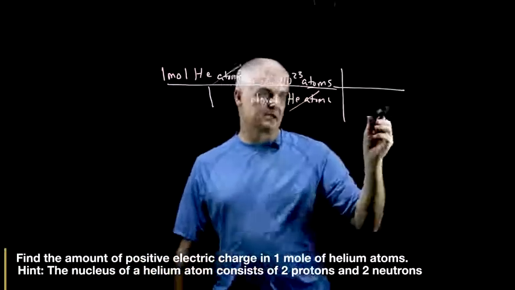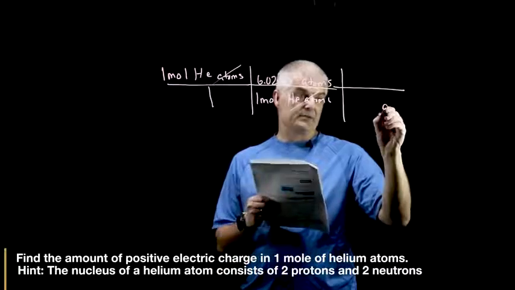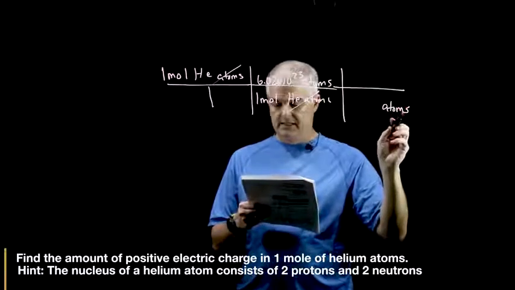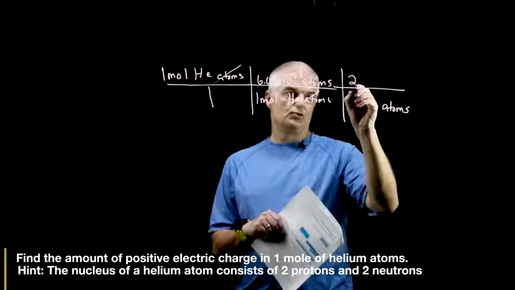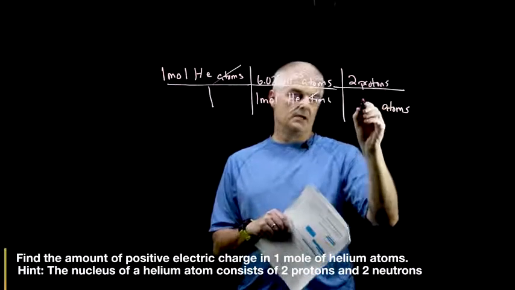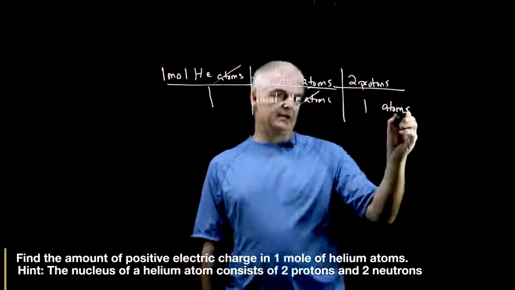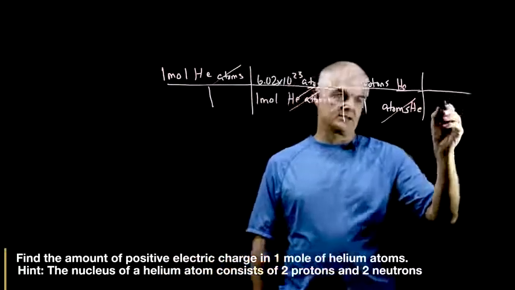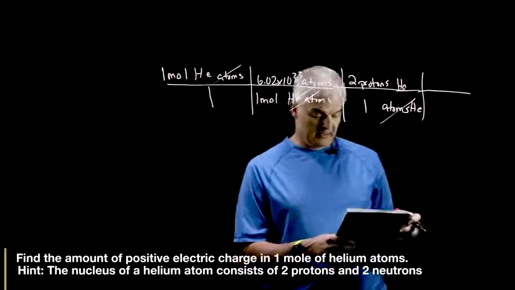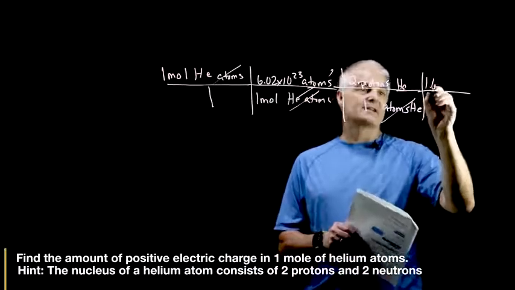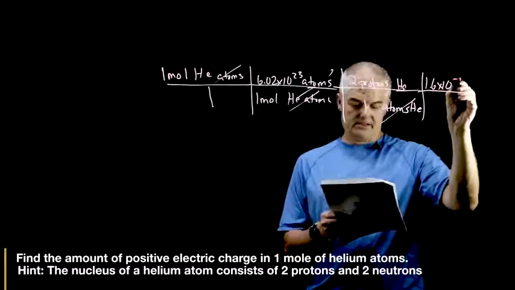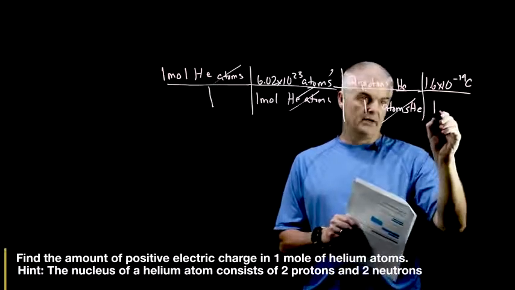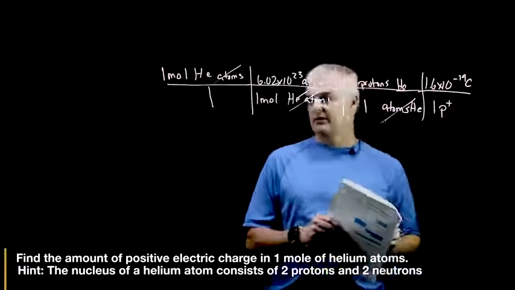Then I can say there are 2 protons in every 1 helium atom, and the atoms cancel. Now I've got one last factor, the new number we've been looking at: 1.6 times 10 to the minus 19th coulomb for every 1 proton.